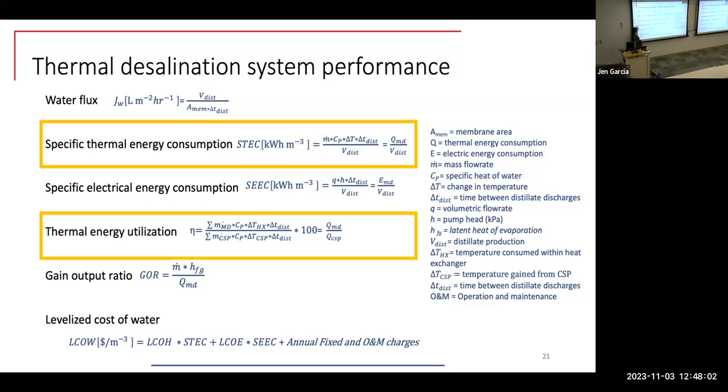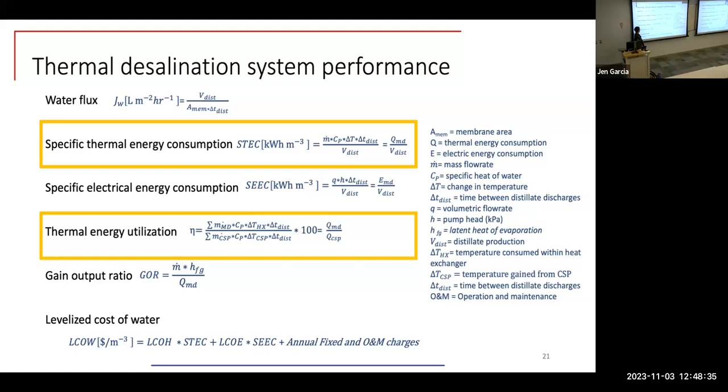I'm not going to belabor these equations, but I did want to point out a couple that we use for performance indicators. Very different from the material world. For at least our system performance, the metrics that we use are specific thermal energy consumption: how much energy is our desalination system using per unit volume of water we're producing?